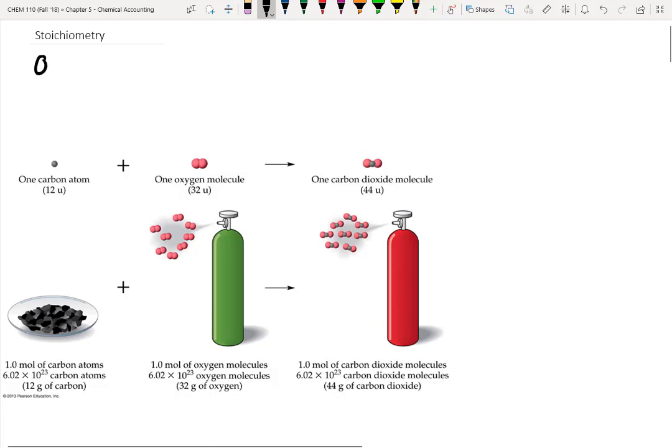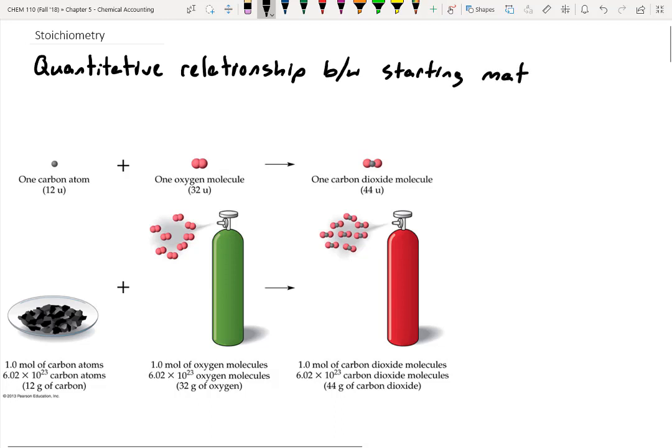So it's the quantitative relationship between starting materials and products in a chemical reaction. And I'm going to abbreviate reaction there.